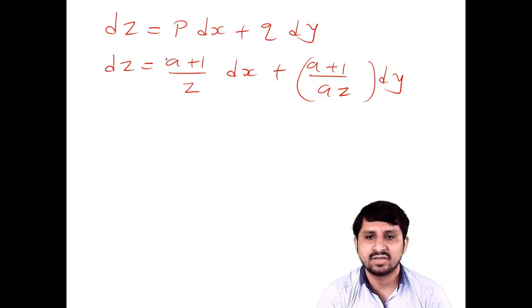So now you can see that this 1 upon z we can take as a common term and write on the left hand side.